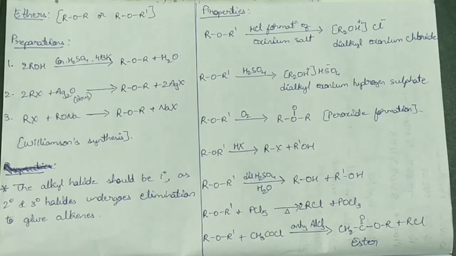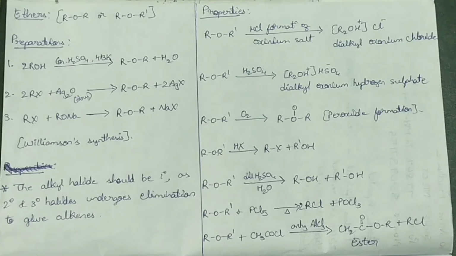Another important point to remember is, to prepare an alkyl aryl ether, sodium phenoxide and alkyl halide should be used. No reaction takes place if aryl halide is reacted with sodium alkoxide, due to the lesser reactivity of aryl halides.